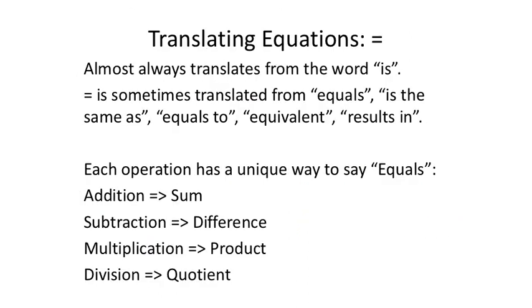Well, this brings us to translating equations, which if we do translate an equation, then we will also solve it. So the word "is" is usually used to make an equal sign, but sometimes they'll just say outright equals, is the same as, equals to, equivalent, results in. Any one of these could be used, but usually "is" is the one that is used.